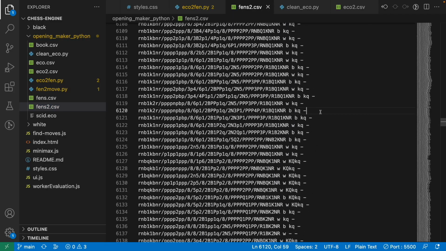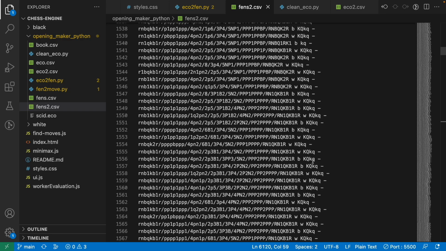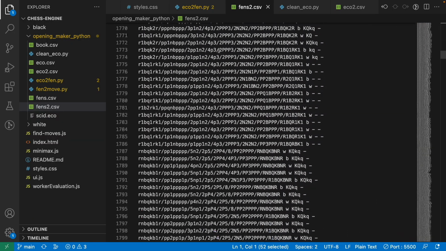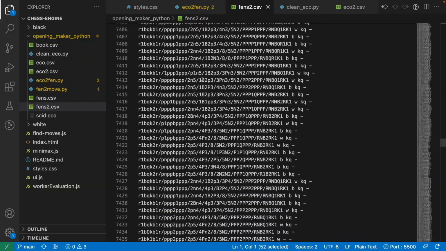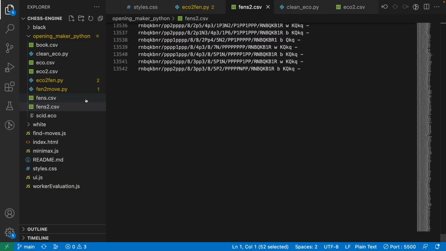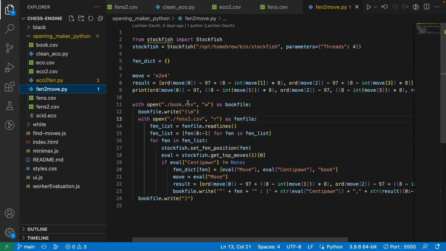I've taken off the last two elements as they're not really valid for the evaluation of a position, and they don't particularly matter. So you've got en passant, castling, whose turn it is in a position. Here, that's the starting FEN, and we've got about 10,000 different positions that it can evaluate. From here, I run fen to move.py, which is a Python script, and ignore this, that's just some debugging stuff.